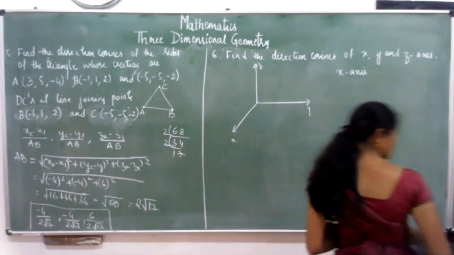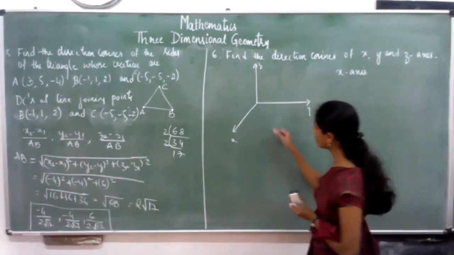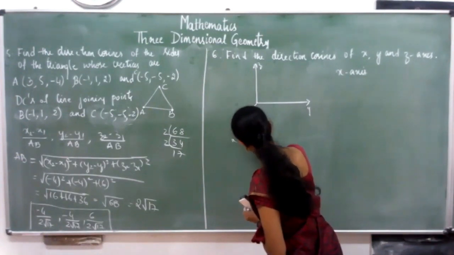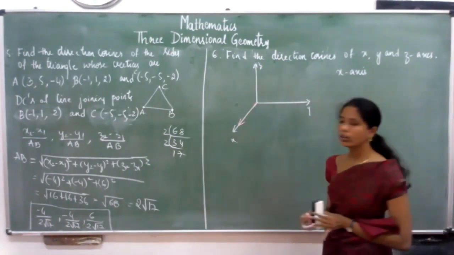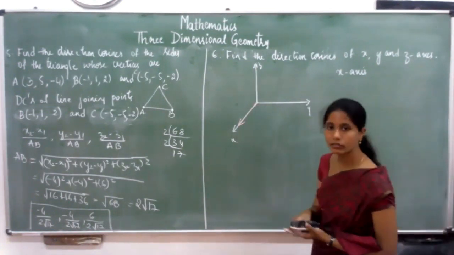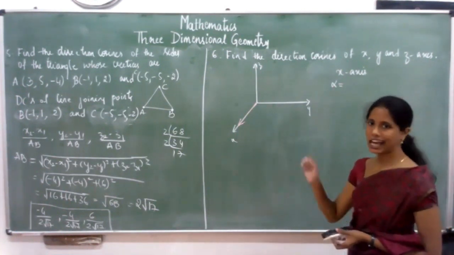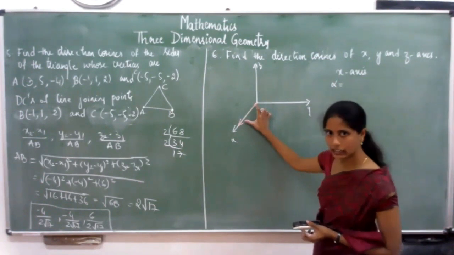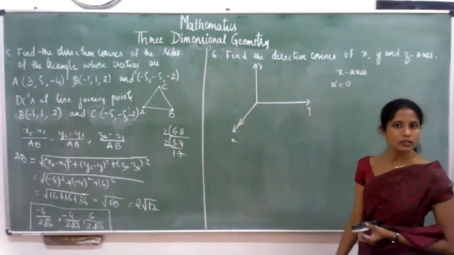Here what I am doing is, I am considering a line on x axis first. So I am considering one more line on x axis. What is the angle made by this line with the x axis? Let us call that alpha. The angle made by the pink line now with the x axis is 0.